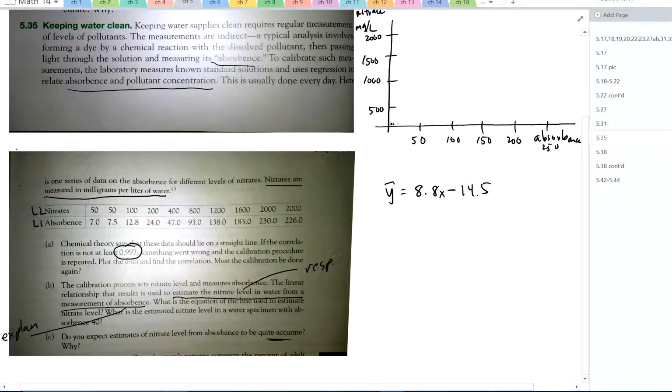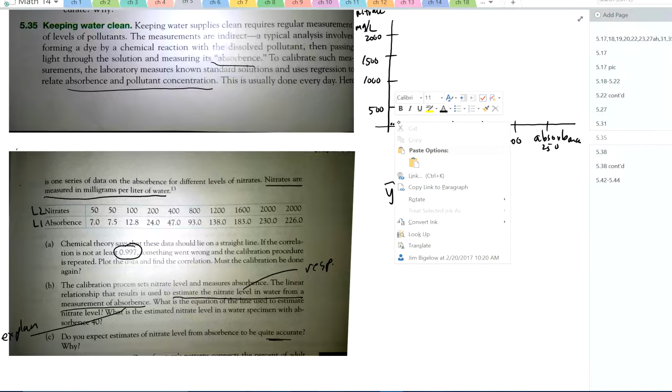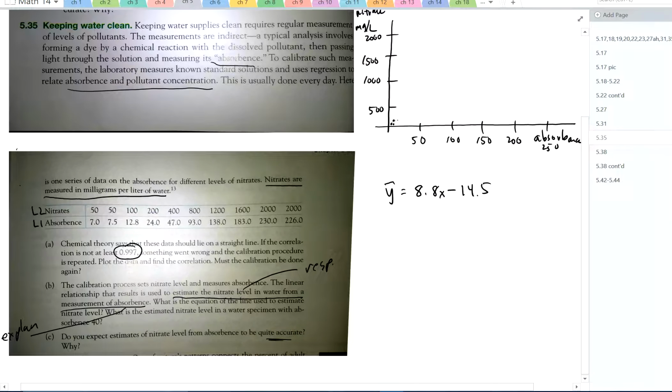Got a couple pieces of data down here. 12.8 and 100. Up a little bit. 24 and 200. So then I'm getting up here. I'm graphing 47 and 400.